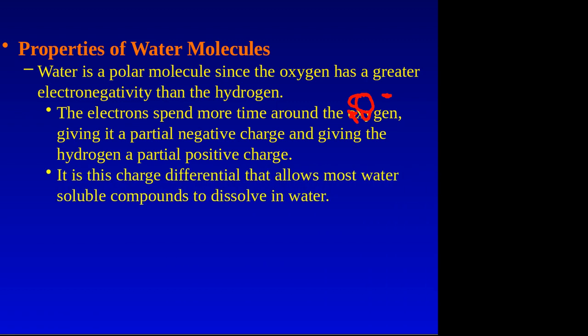This charge difference allows water to dissolve things, because the negative side will attract positive things to it, and the positive side will attract negative things to it. So if we have something that could easily be broken into ions, the water's going, I've got two sides! Yay, all your negative stuff, come over to my positive side. All your positive stuff, my negative, and it just starts ripping apart things as it comes through. This difference in charge lets the water start ripping things apart.